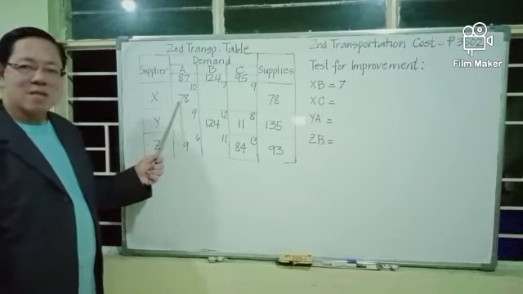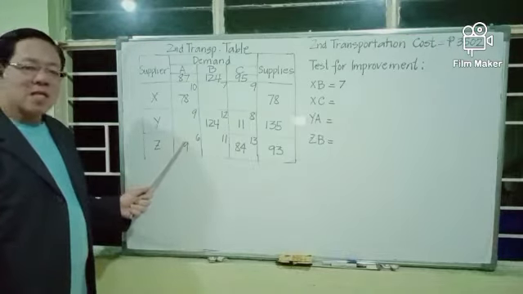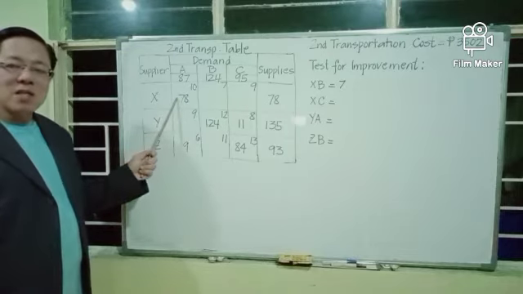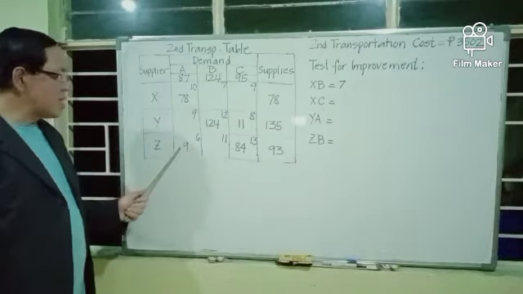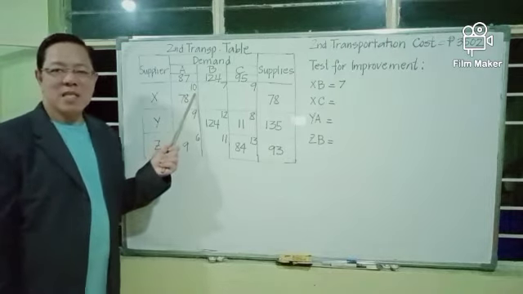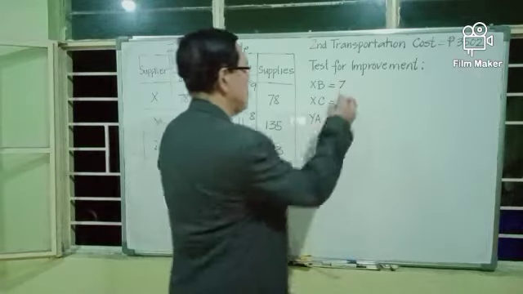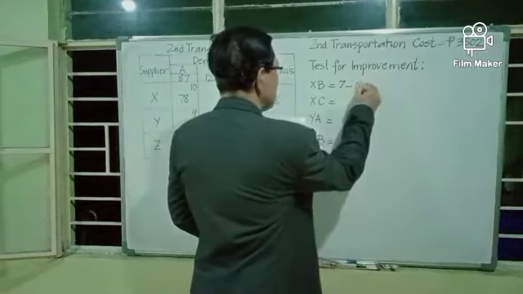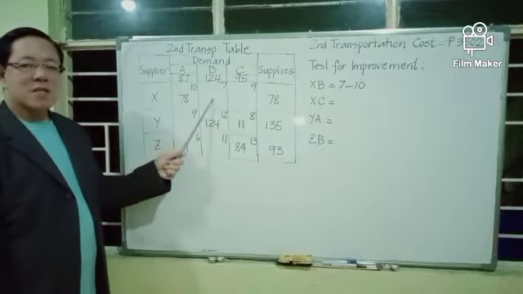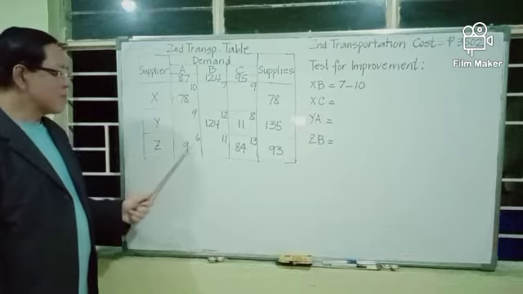We move vertically downward to 9, and the cost associated with this vertical movement is the negative of this cell cost, negative 10. We write minus 10.